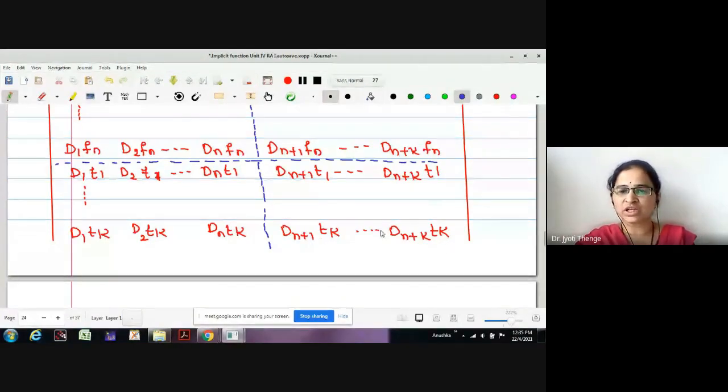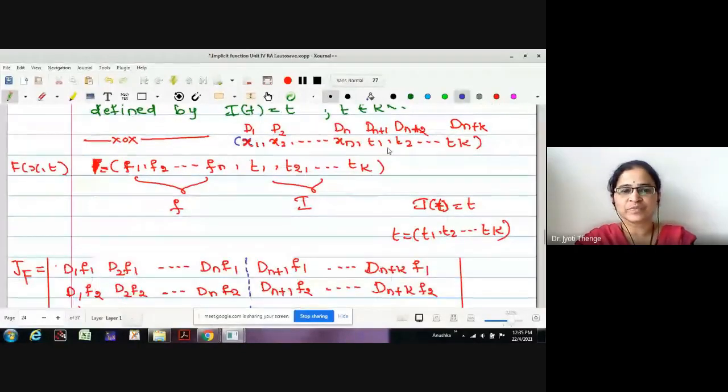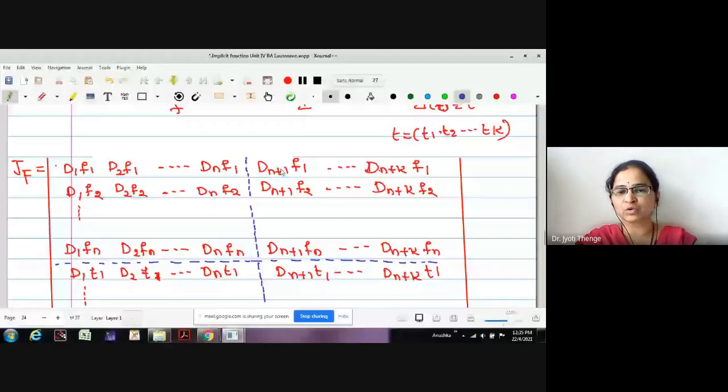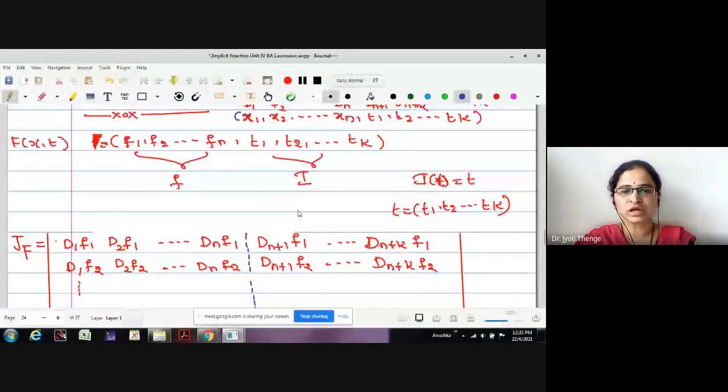But as we know, t1, t2, tk are variables. Therefore, the derivatives of this t1 with respect to other variables must be 0. And what about the derivatives of f1 with respect to t1? It is also 0, no? This is also 0.